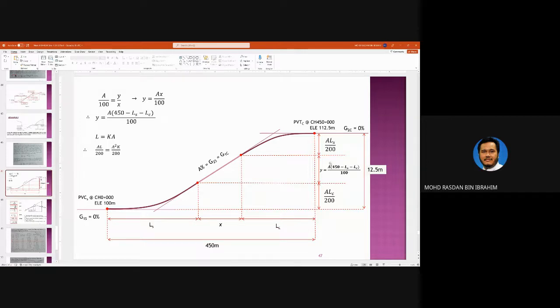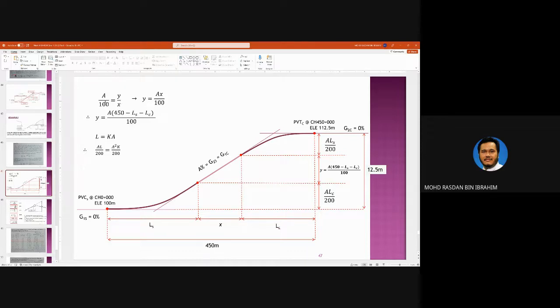How do you get this term? It's using this value. The gradient here is A percent, A over 100, and A over 100 is equal to the vertical distance divided by the horizontal distance. So we denote the vertical distance as y and the horizontal distance as x here.